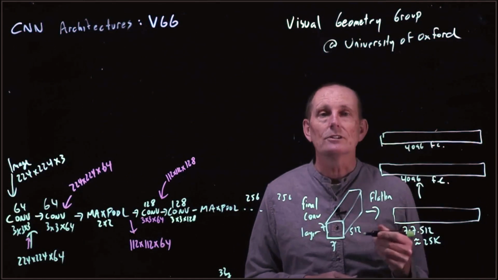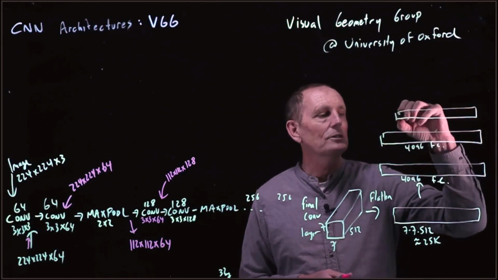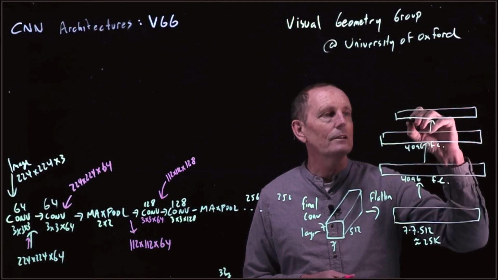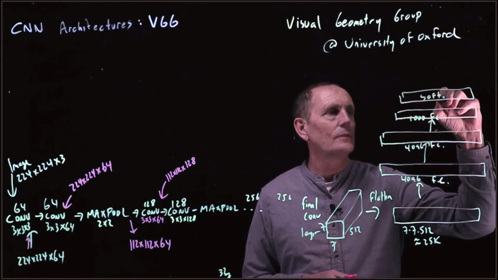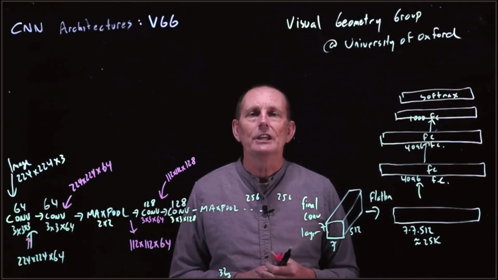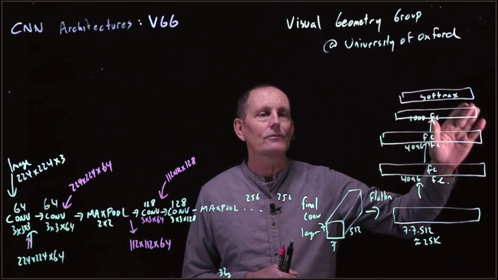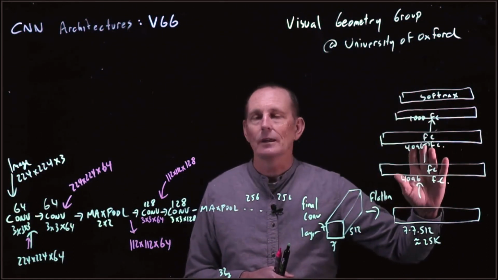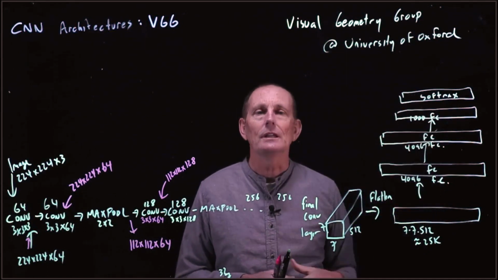We'll have ReLUs after each of these, of course. And then finally, that goes into a 1000 fully connected layer. Finally, through a softmax. That's the architecture of the VGG. One thing to note is the vast majority of weights are out here in these fully connected layers. More than 90% of the weights are found in here.